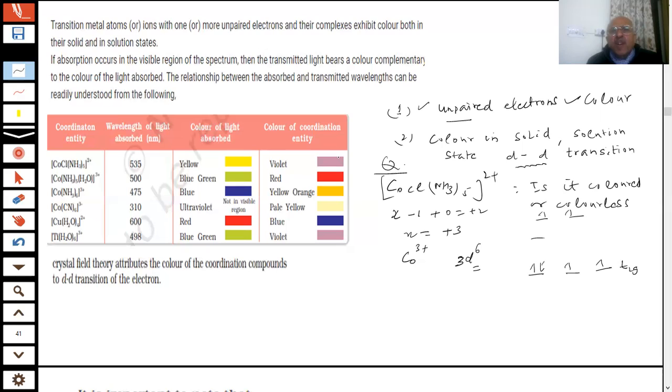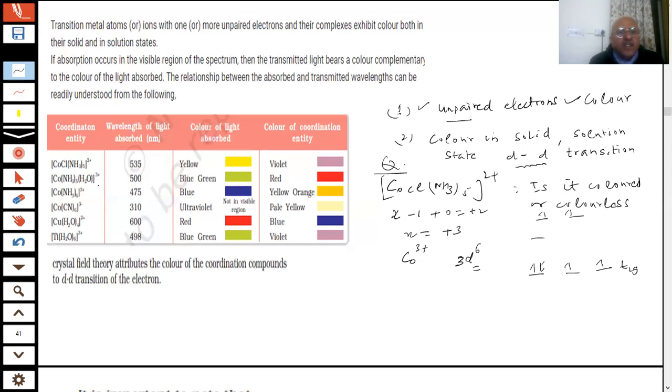The relationship between absorbed and transmitted wavelengths can be readily understood from the following. This compound is colored, and this is cobalt. This one is absorbing 500 nanometers.